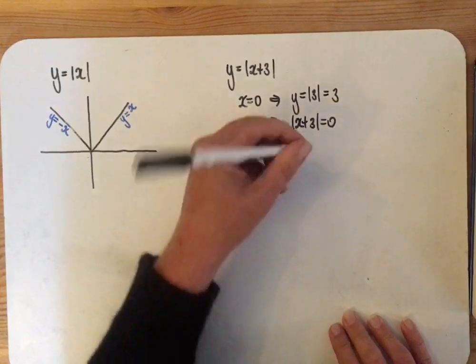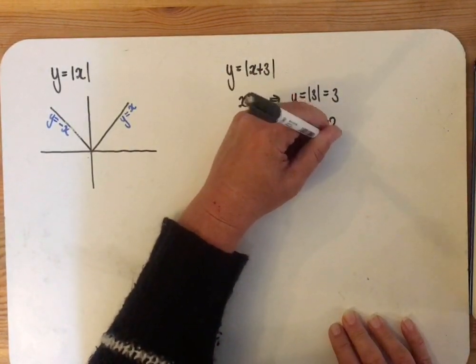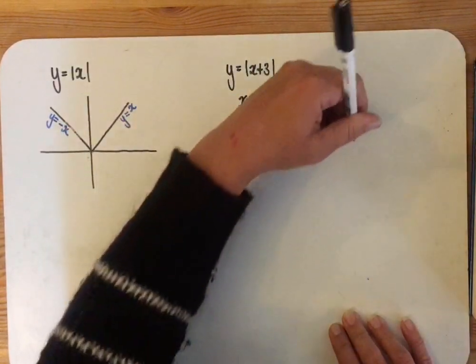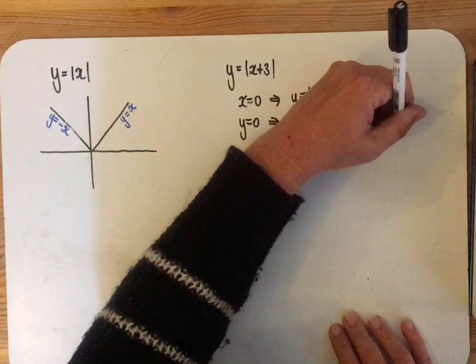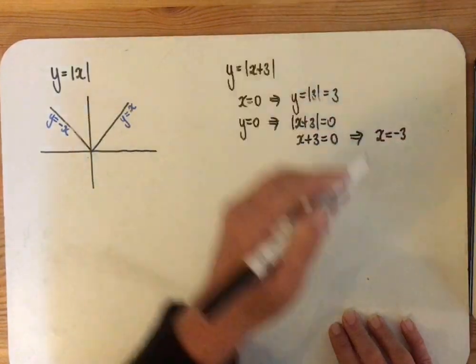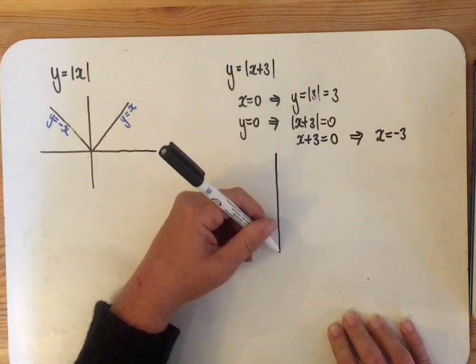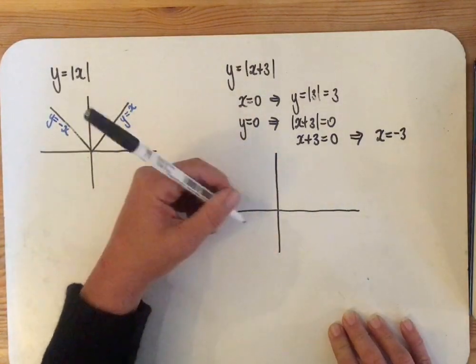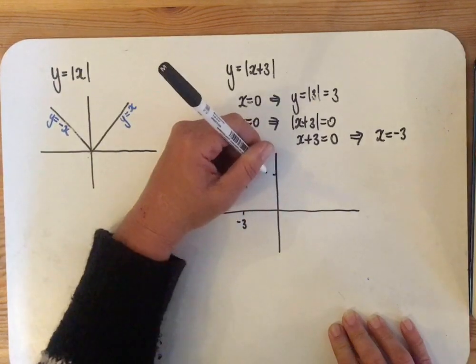You don't really need to write this in this much detail, but that means that x plus 3 is 0. So 0 doesn't have a sign, so it's not going to change sign under the modulus. And so x is minus 3. So it doesn't hurt to actually just pop in your axes intercepts. So I'm at minus 3 and 3.